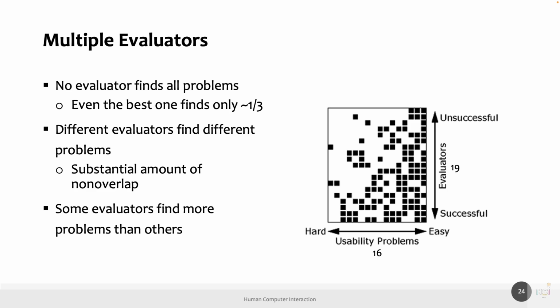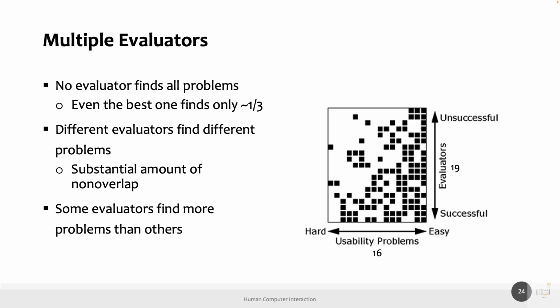He designed a fake user interface in which he deliberately inserted 16 usability problems, and then he asked 19 evaluators to check the interface and find as many problems as they can. And as you can see, this magic number, of course, cannot be 1, because no evaluator found all the problems.